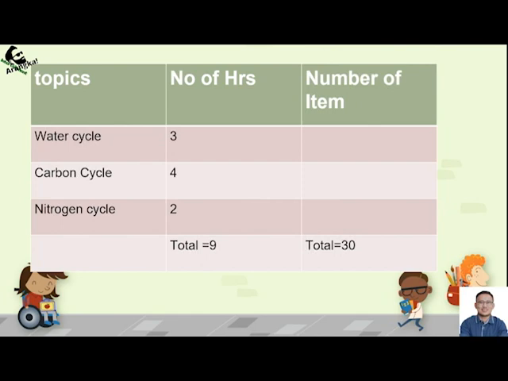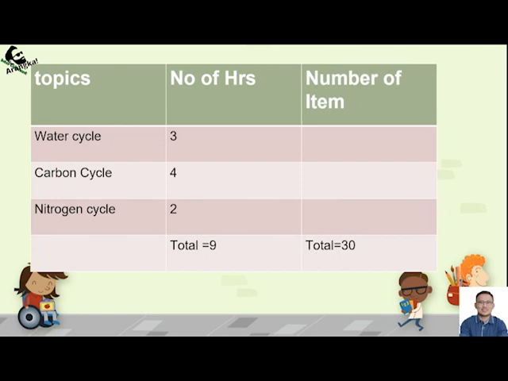Okay? I'll give you time to use the formula and solve for water cycle topic. I'll just count 1 to 5 and answer it. Alright? So, let's try this. Everybody, please use your calculator or mental mathematics can do.